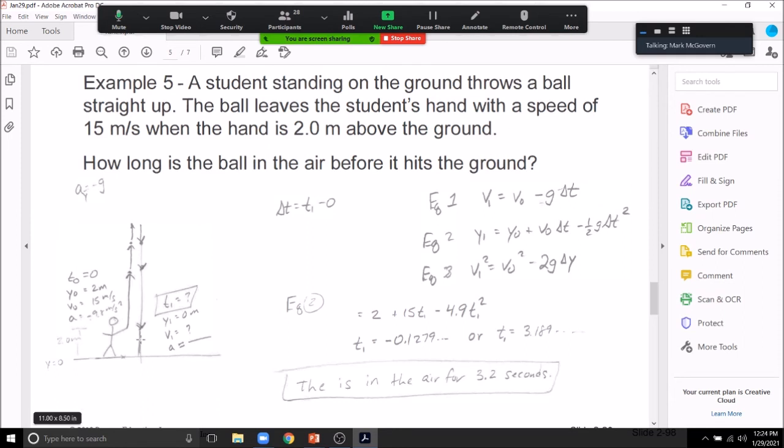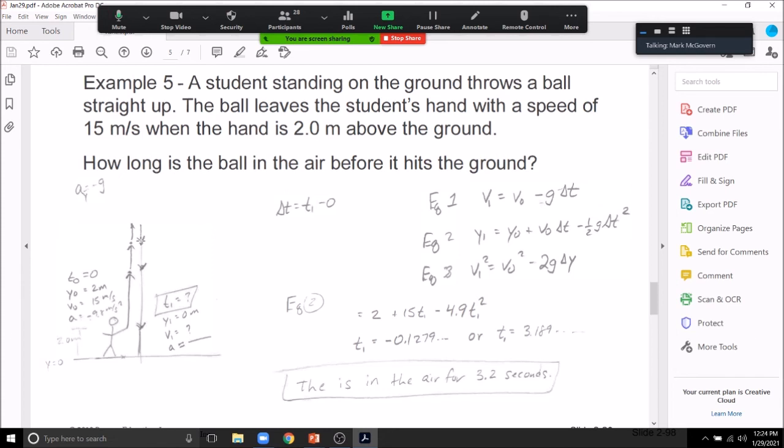The only time you ever have to break up a problem is if the motion ever changes in the process, which means the acceleration changes at some point. That's not happening here. Also, another really important point here, super important point. Technically speaking, when we analyze this problem, we are analyzing it from the moment the ball leaves the hand.